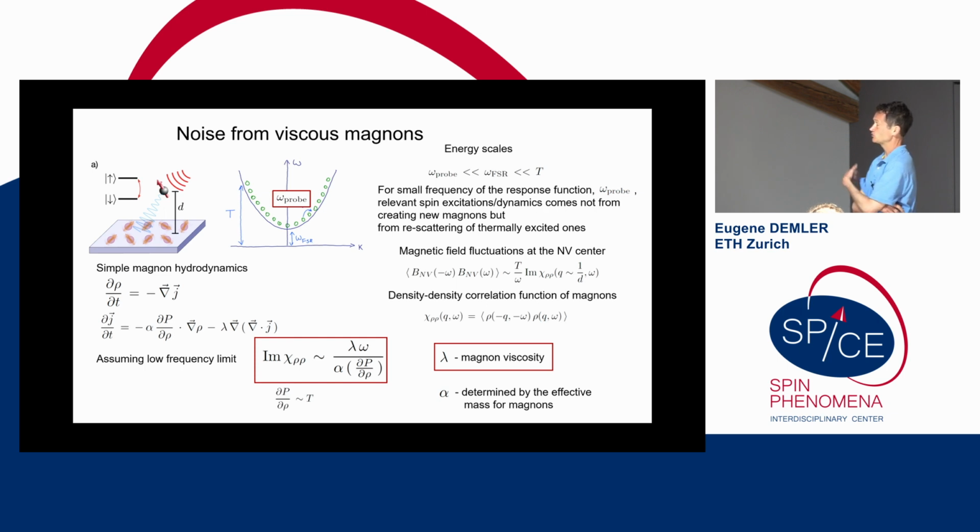Okay, and now we will assume that we have a fairly clean magnet, and let us think what kind of dynamics we would associate with the thermally excited magnons. Well, first of all, let's write very simple hydrodynamics that should be familiar to you from basic statistical physics. There is a continuity law, that we have a conservation of the number of magnons. This assumes that we have at least U(1) symmetry, and we can discuss when it's valid.